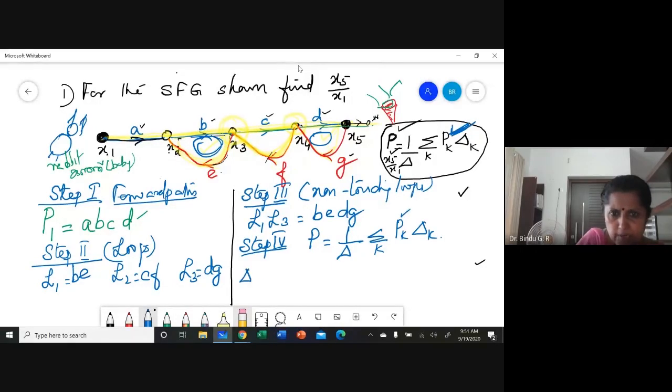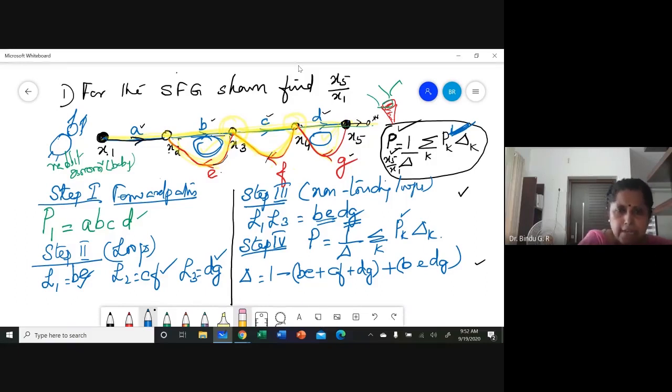Delta is equal to 1 minus the sum of all individual loop gains, BE plus CF plus DG, plus the sum of loop gains of 2 non-touching loops. Which are the 2 non-touching loops that you got? BE DG. This is my delta.